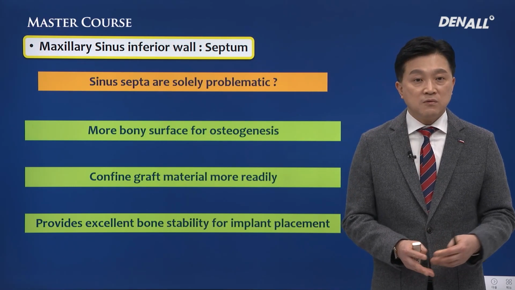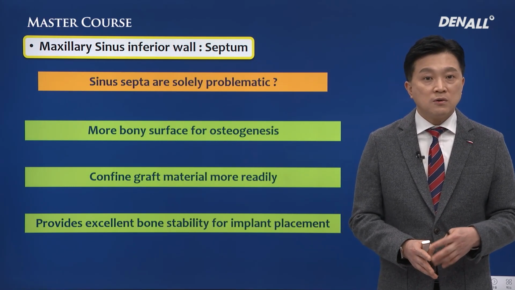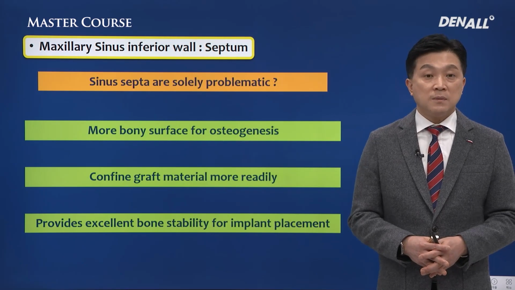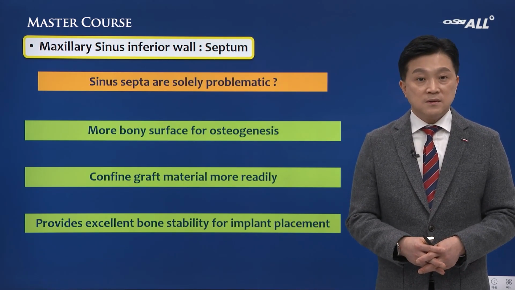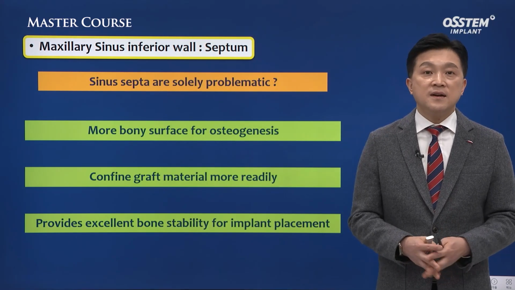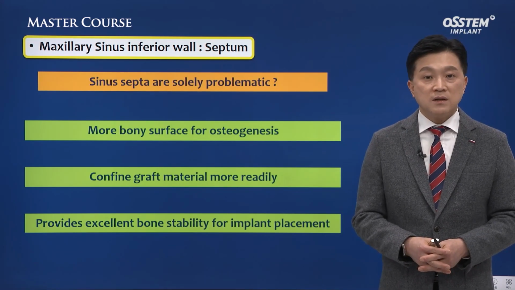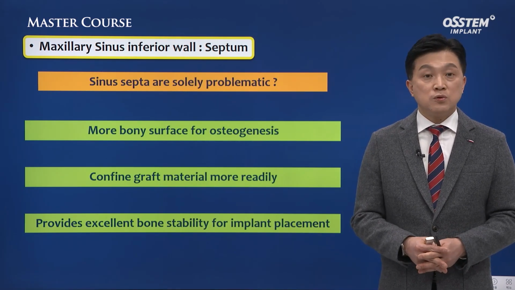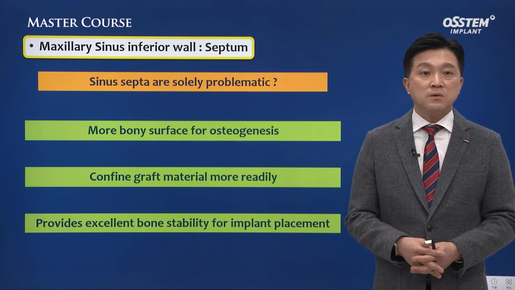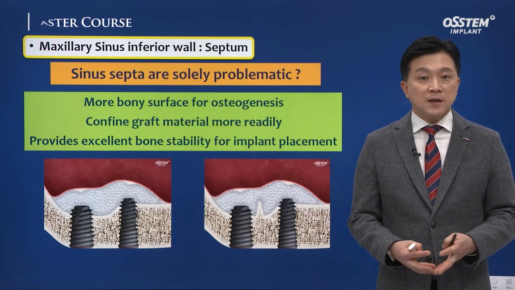Therefore, when containing graft material, we can do it in a more stable manner. Also, when placing implant accurately on the septum, then it can be of help gaining more primary stability. There can be positive aspects as well.